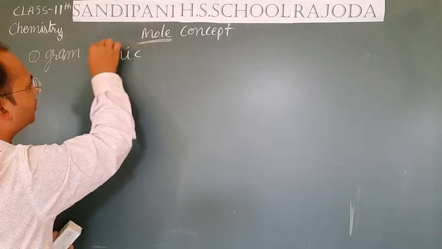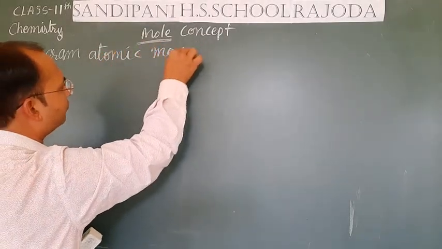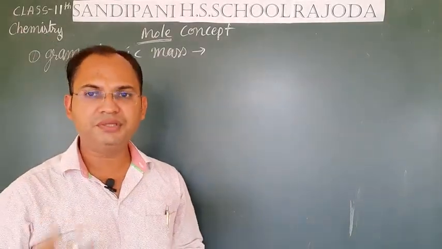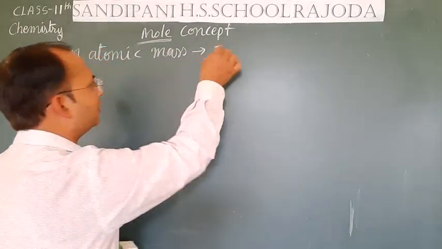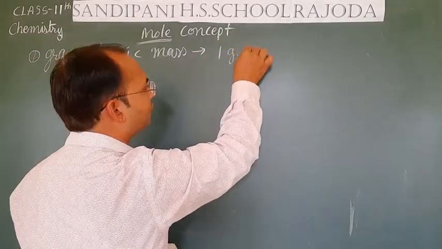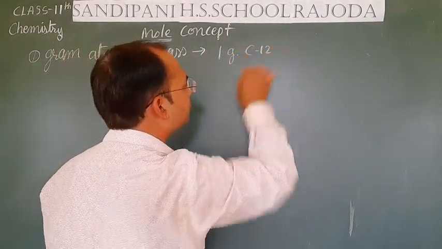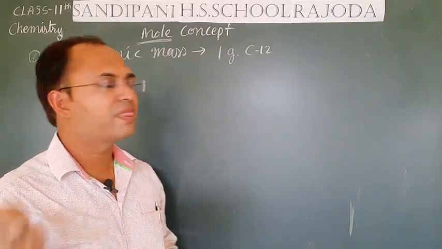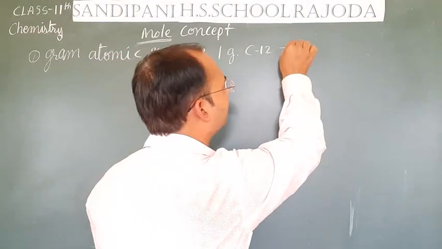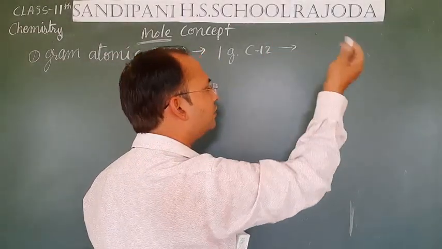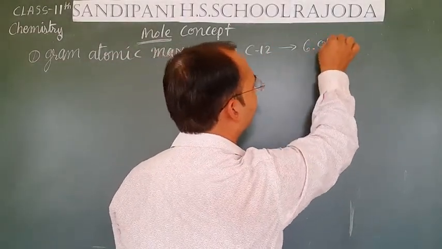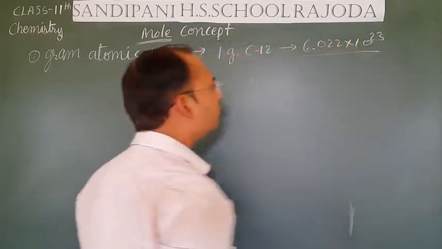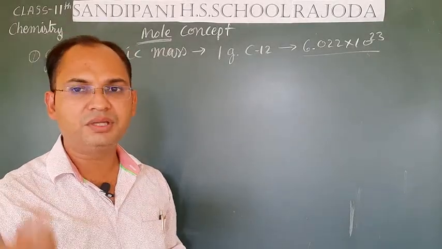Gram atomic mass. Students, in terms of gram atomic mass, we know that if we weigh 1 gram of carbon 12, then 1 gram of carbon 12 will contain atoms equal to 6.022 into 10 to the power 23, that is 1 Avogadro number or 1 mole.